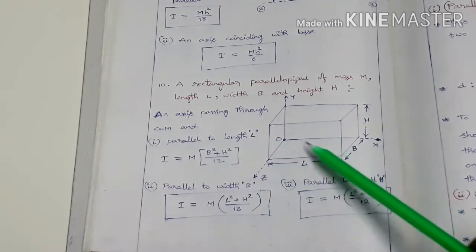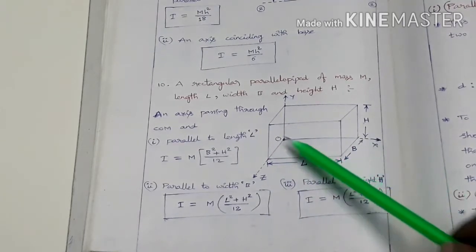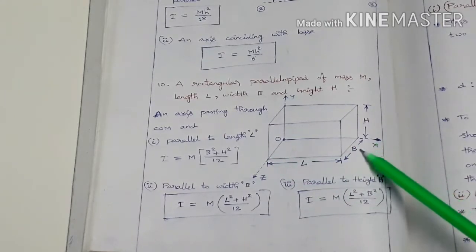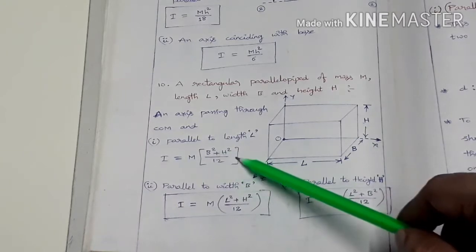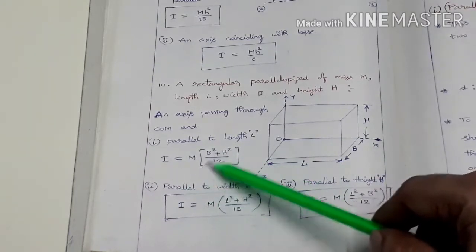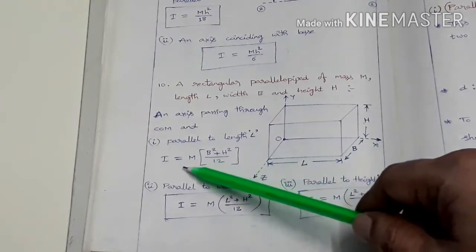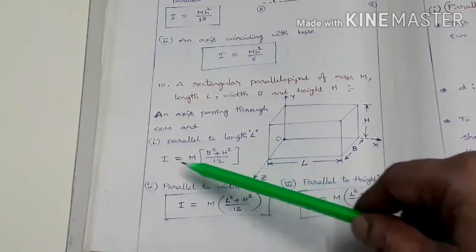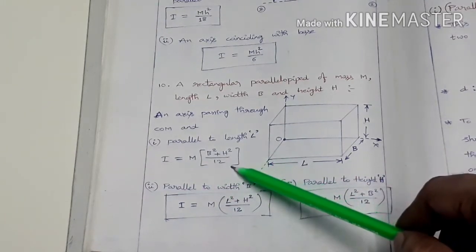Let us consider an axis which is passing through the center of mass of this one and parallel to this length L. That means it is not cutting the length L, instead it is cutting the breadth part as well as the height part. So therefore we are getting breadth and height in the formula. So we are getting 12 here. I equal to M B square by 12 plus M H square by 12. So this can be written as I equal to M into B square plus H square by 12.